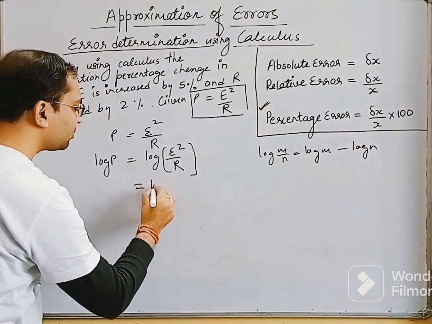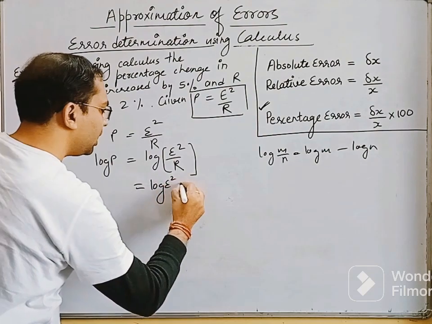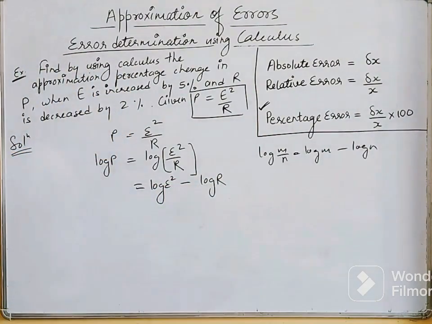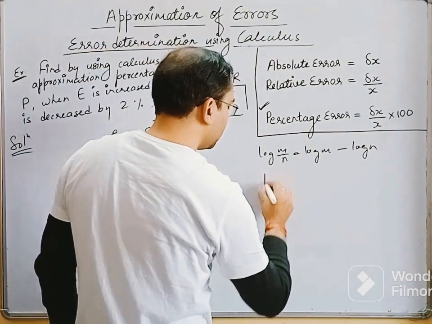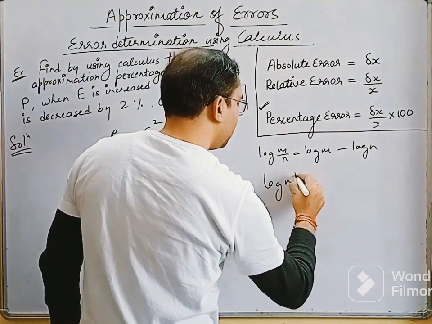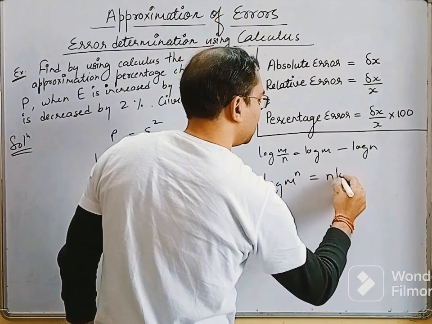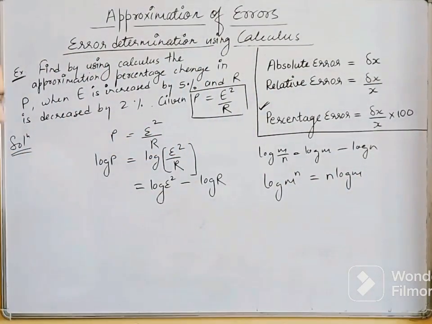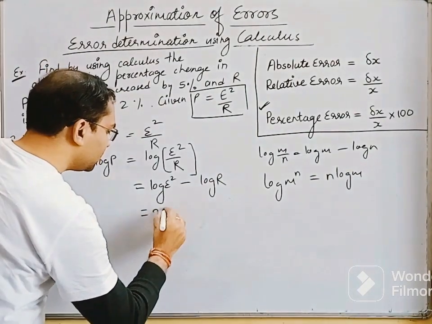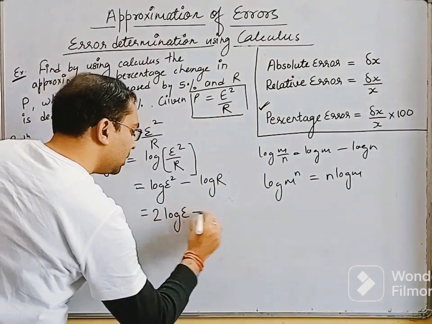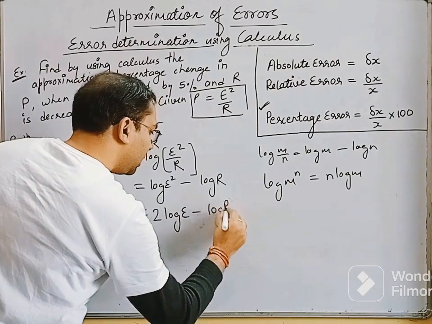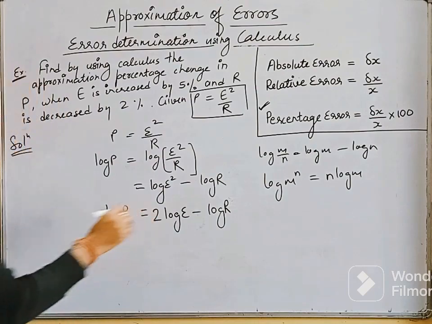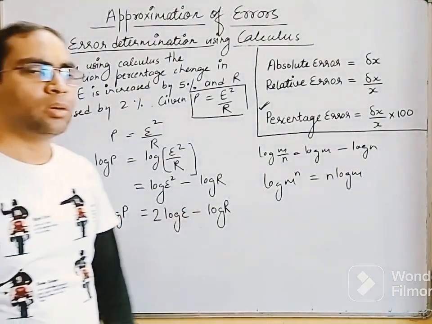So on the right hand side this will be log of E square minus log of R. Again on the right hand side we'll use one more formula for the log, which is log of m to the power n is equal to n log m. So we'll apply this formula in this log of E square. So this will be twice log of E minus log of R. So this becomes log P is equal to twice log of E minus log of R.